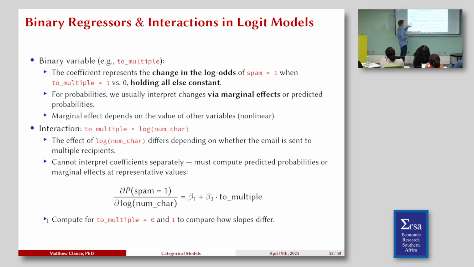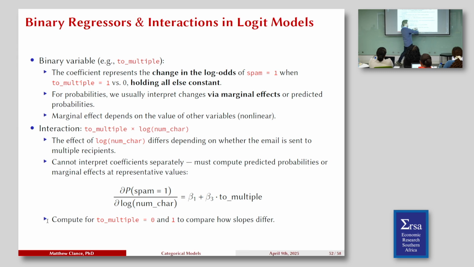And in that case, we can't interpret the coefficients separately in this portion on the linear. But when it comes to the derivative itself, we're still focused on the number of characters, right? So we have to keep in mind that this is only feeding into the parentheses with the x beta. It's not feeding into the rest of it.